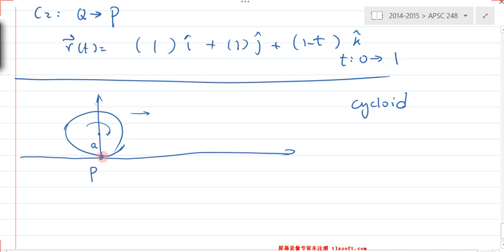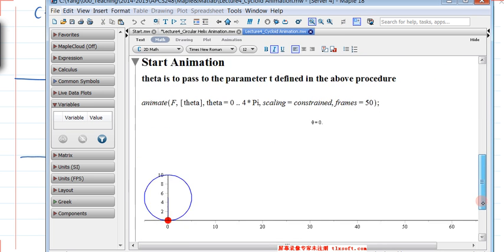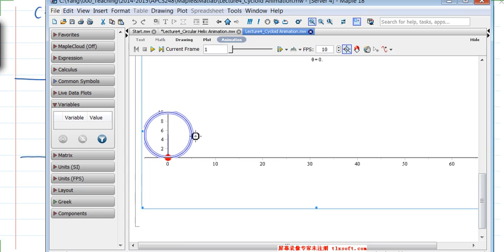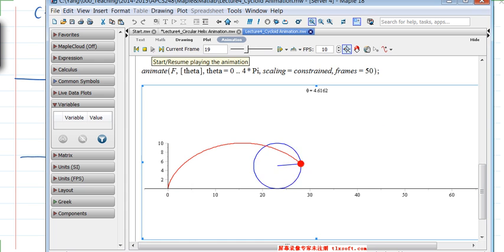Then you trace the trajectory of that point P as the circle is rotating and moving along. If you do that, I'll just show you what it looks like here. This is the circle right here, and that dot is the point P. If I run it, you'll see that it traces out this nice curve.